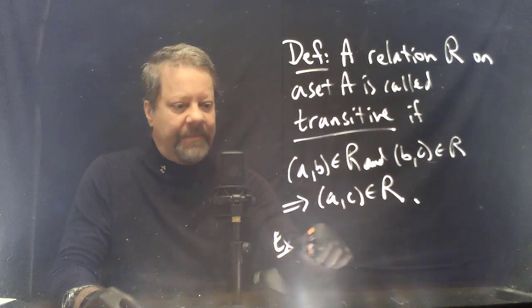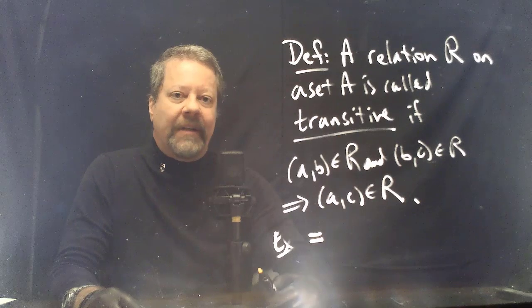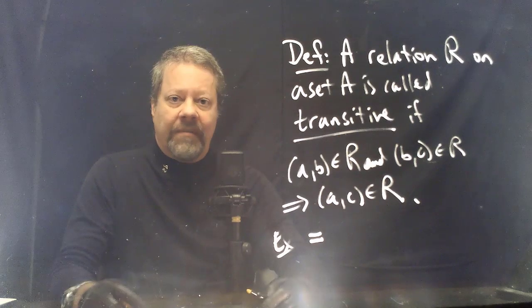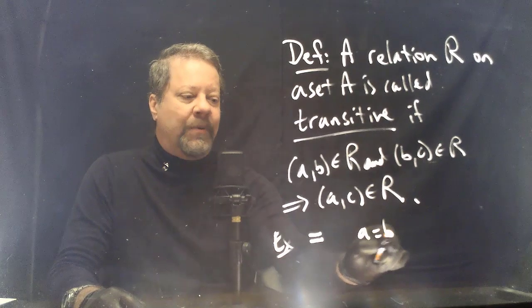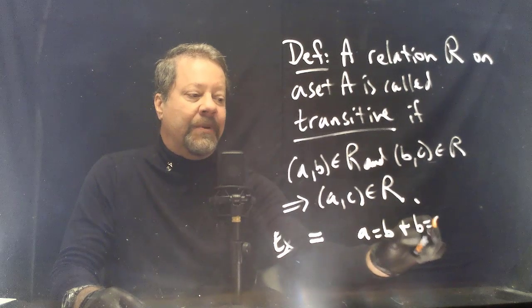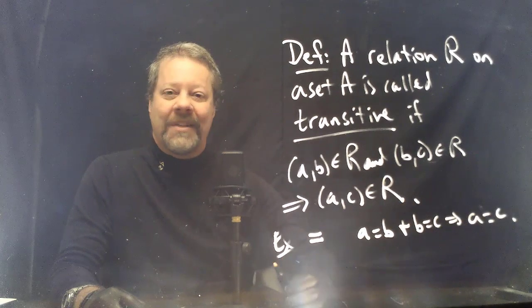As an example, the equal sign is a transitive relation on R, the set of real numbers. You can see this because a equals b and b equals c implies a equals c.